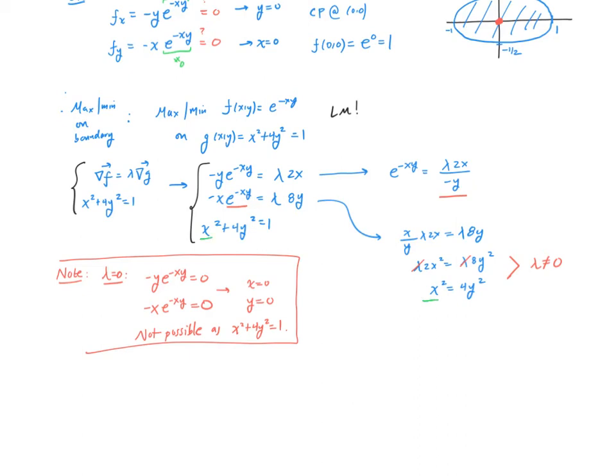So going to our constraint equation, we can replace that x squared with a 4y squared. So 8y squared equals 1, which means y squared is 1/8. One step further, this means y is plus or minus the square root of 1/8. And note that we do need to get the corresponding x values, which we get by going back to our equation involving x's.